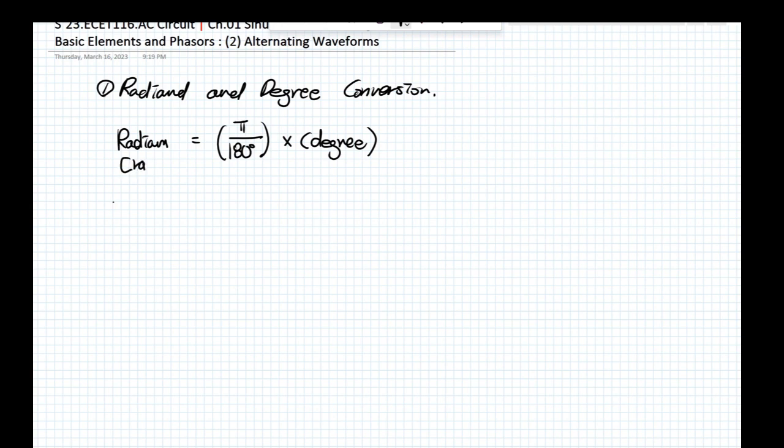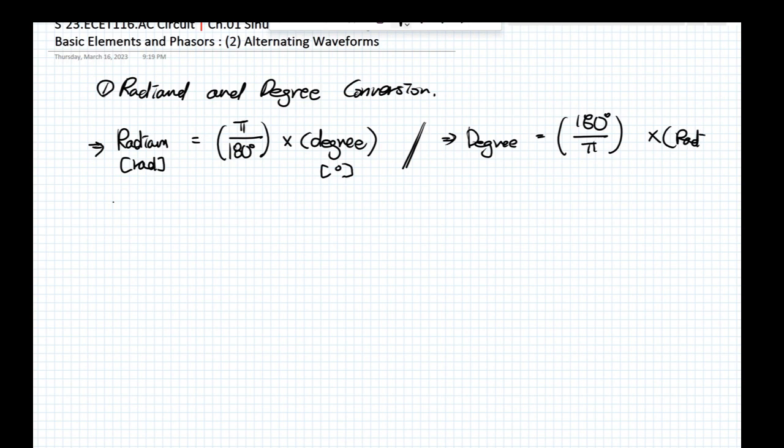This is sometimes the unit radian. The degree unit is the degree here. And sometimes if we wanted to find the degree here, we have to use the conversion 180 divided by pi multiplied by the radian.